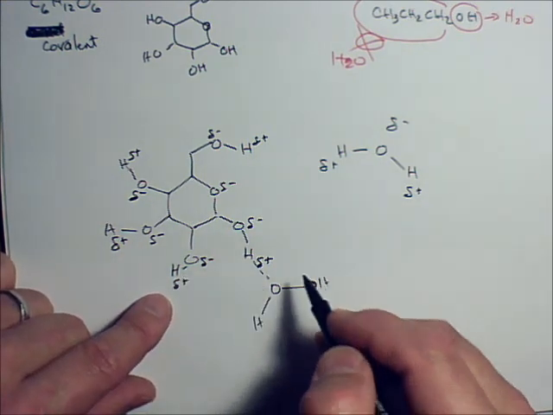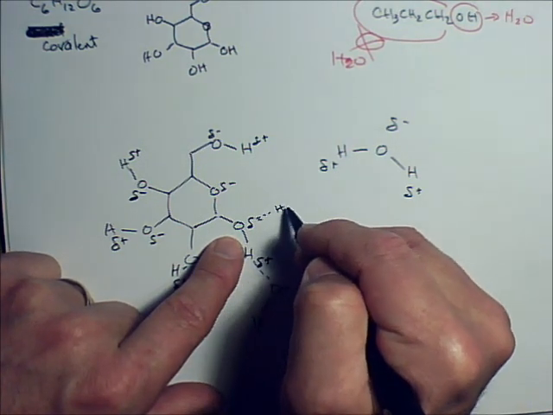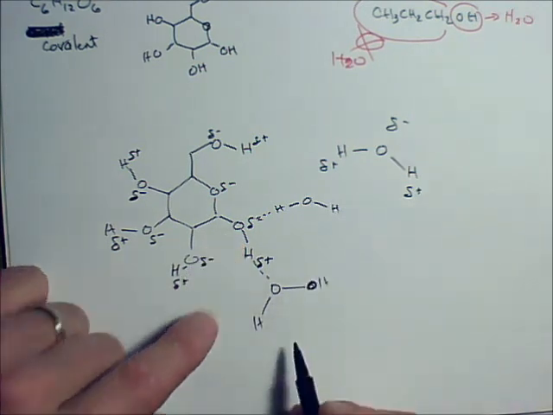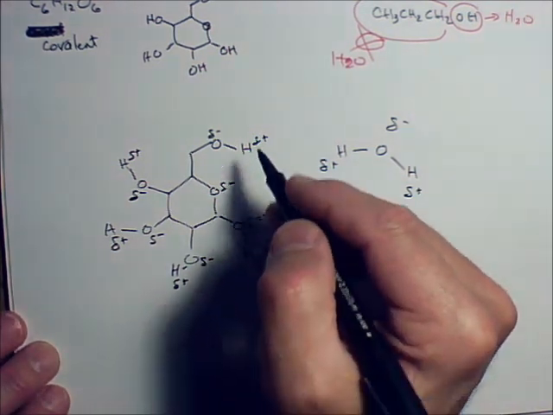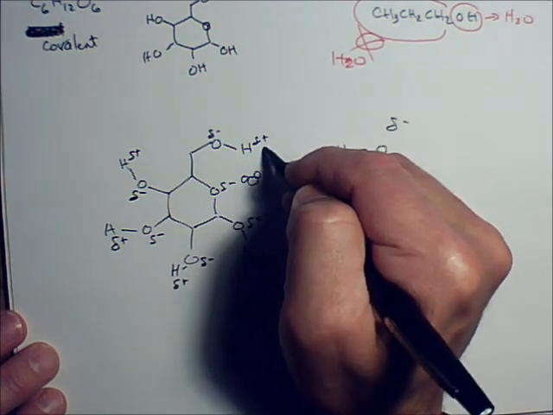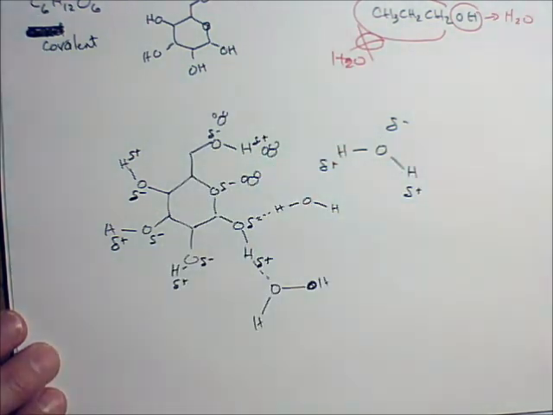And up here, this is going to have a hydrogen bonding attraction to the hydrogen end, which is partially positive. So you've got water molecules that can join up here, and here, and here, in a hydrogen bonding fashion.